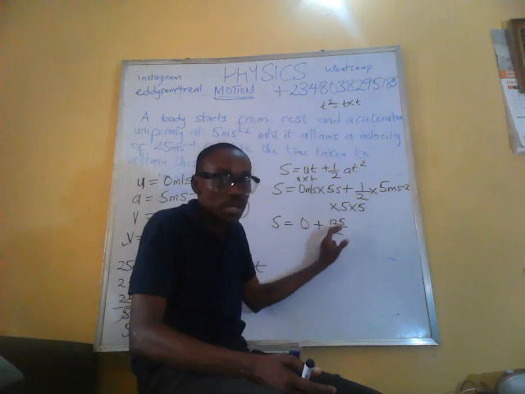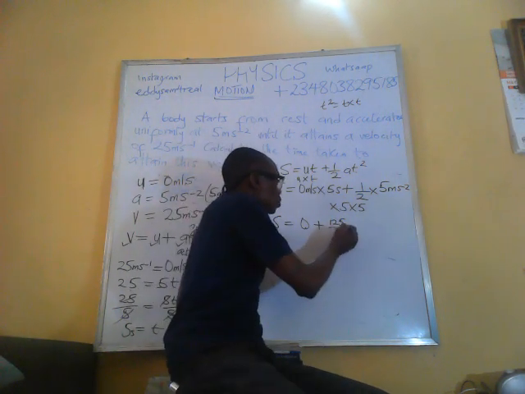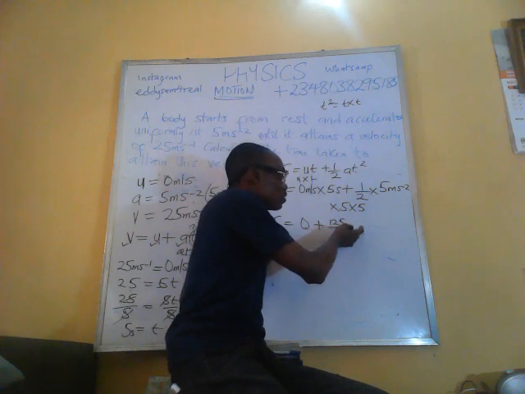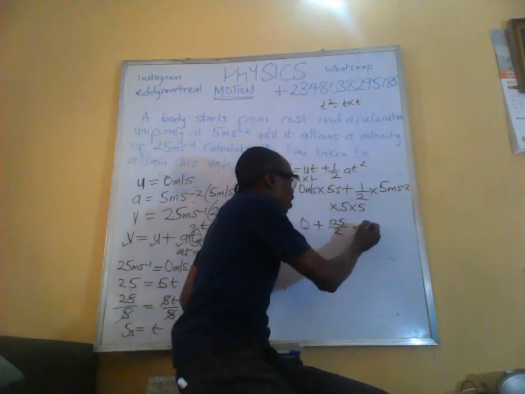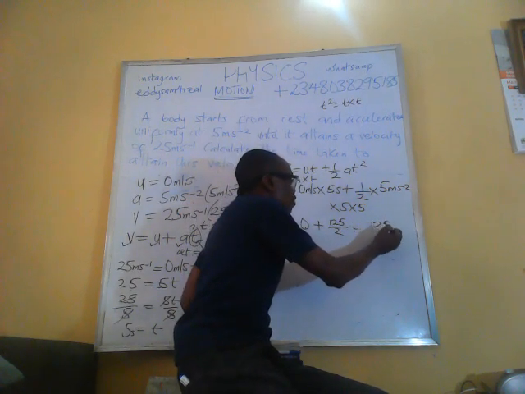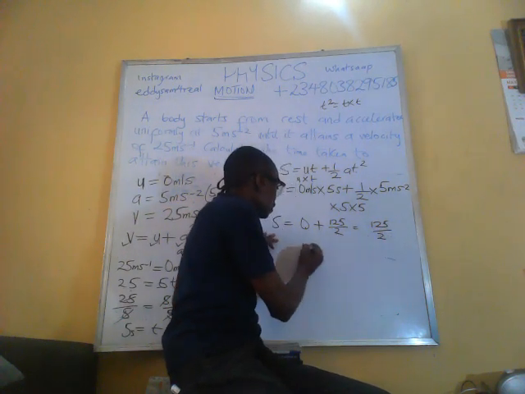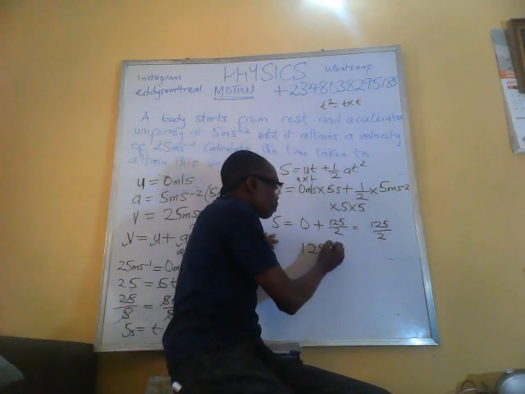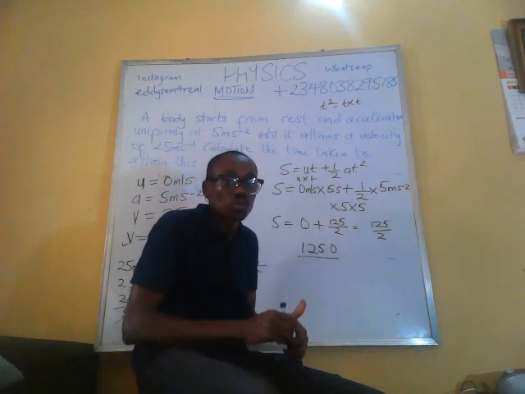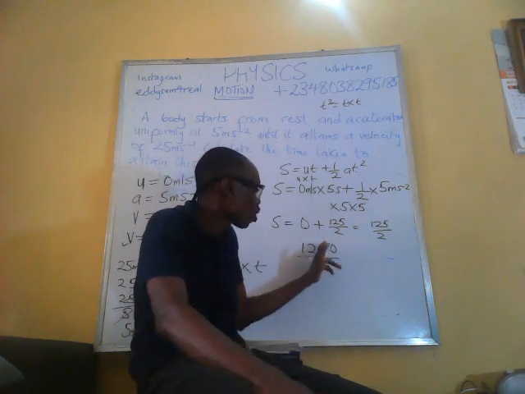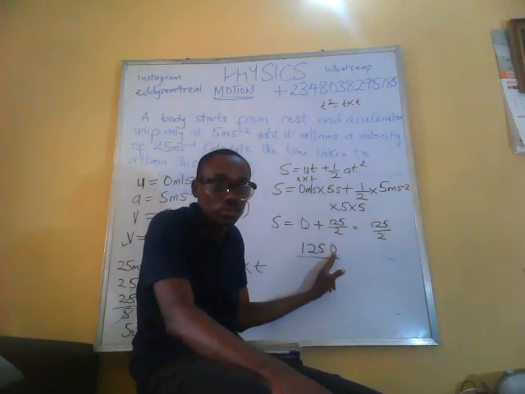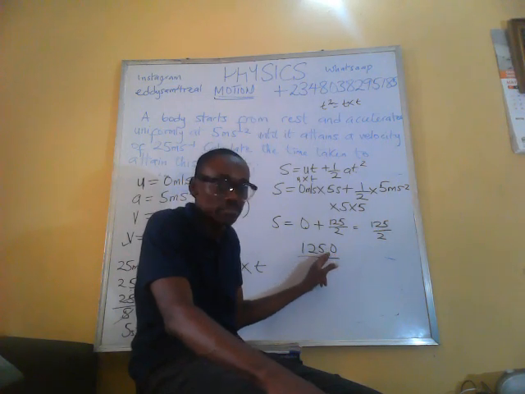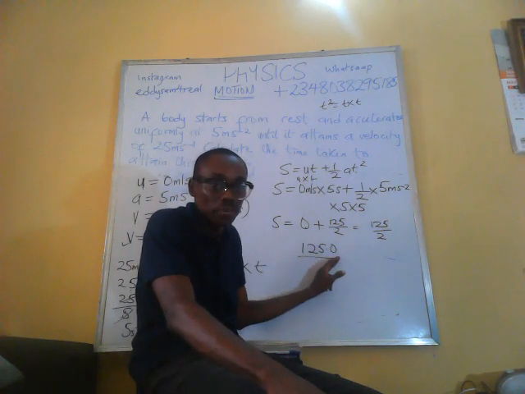So 125 divided by 2. We don't need a calculator for this. Let me show you. Just say 125, add 0.0, because 125 is odd. If it was not odd, there would be no need to add 0.0, but since it is odd, there will be a remainder. That is why I'm adding 0.0.